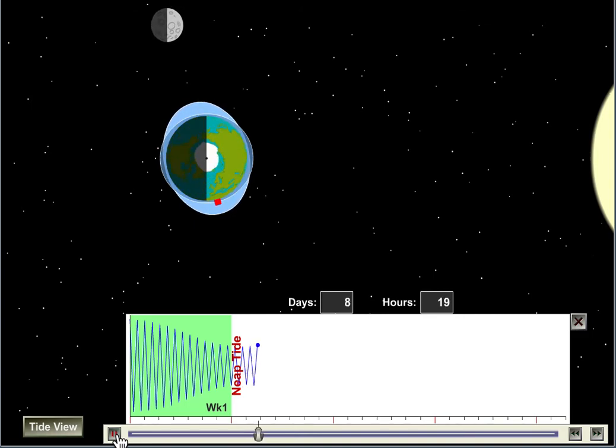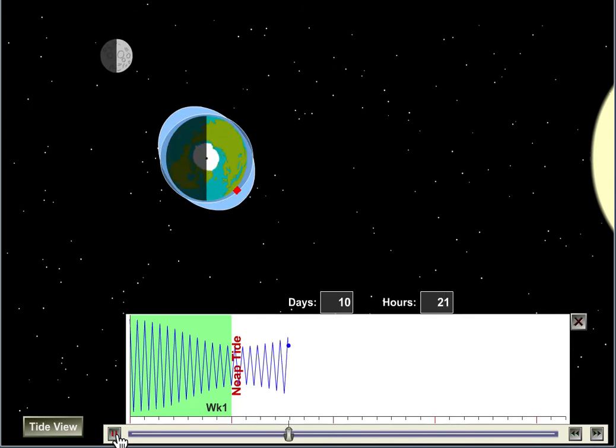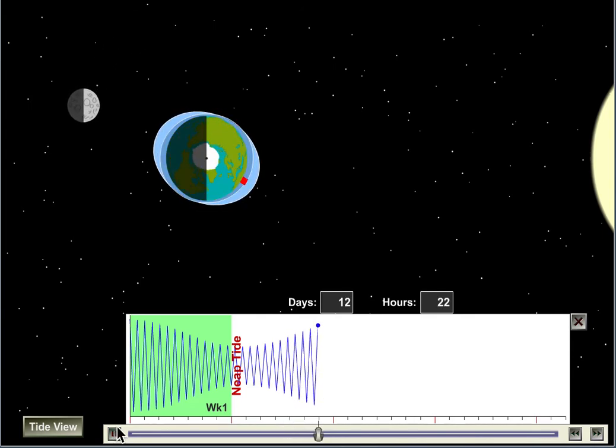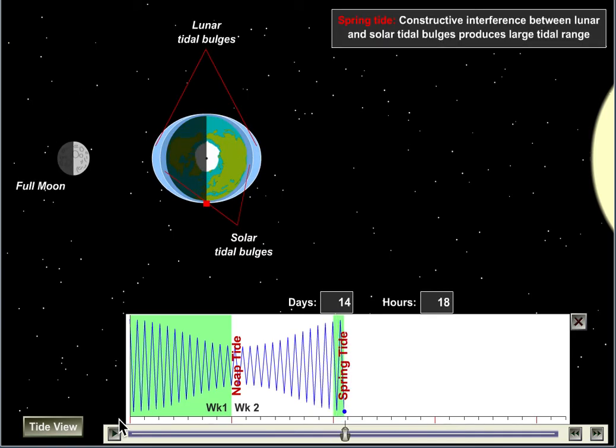Okay, now let's move forward. Can you guess how many days it'll take to get to the next phase? Okay, it took about another 7 days to get from here to here, about a quarter of it, so another week. Notice our moon, the Earth, and the sun all create a straight line again.